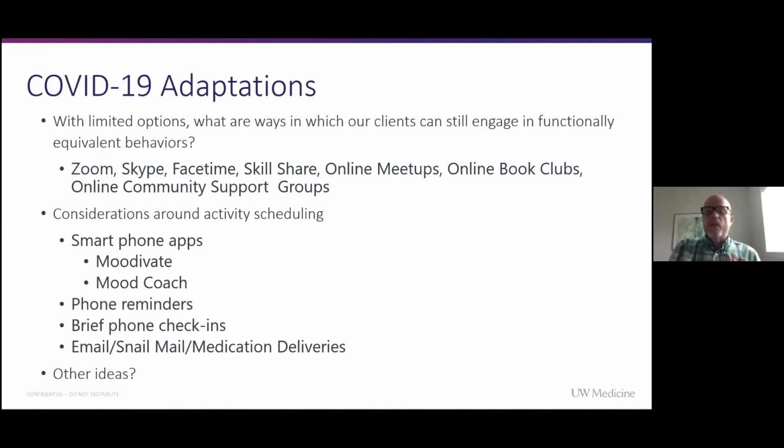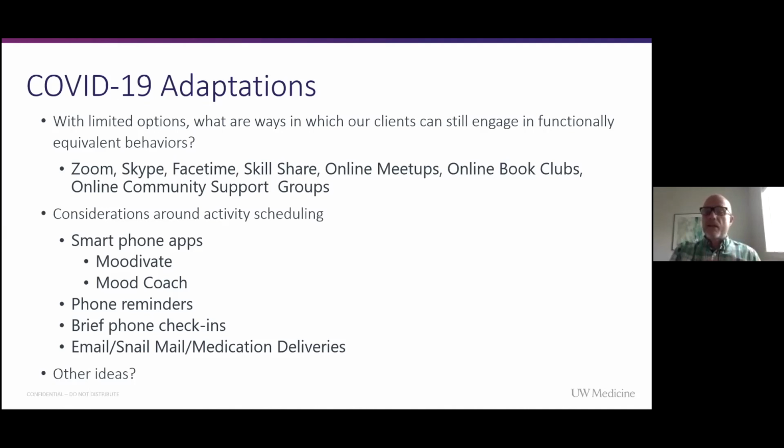So there are a couple of things that we need to consider, and the first is that we have to have the activities that the person's engaging in be appropriate for social distancing and not getting the person sick, or discouraging them from engaging in activities that would be helpful for them, but making sure that the adaptations that we're making are safe. So that's the first thing that we need to consider.